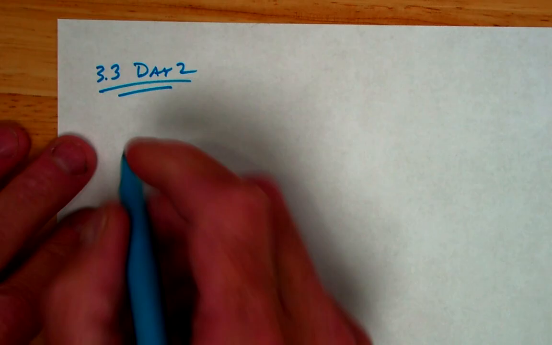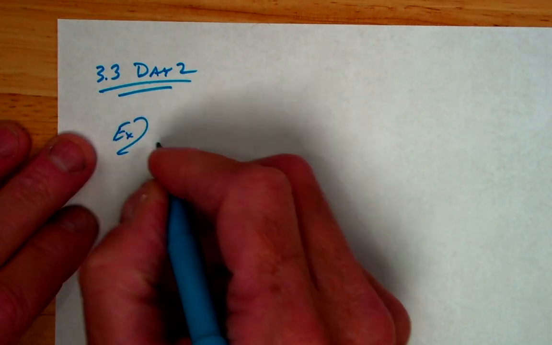So yesterday we learned how to simplify things. Today we're just going to throw in a couple of unique situations, and then we're going to work on some other skills. Okay?